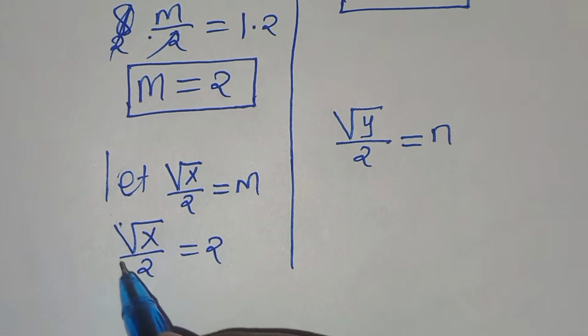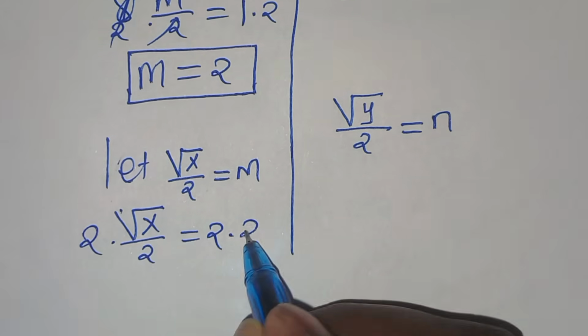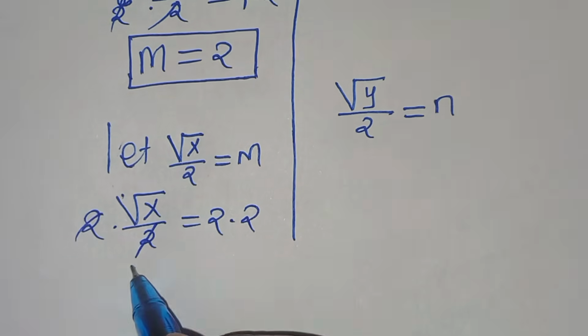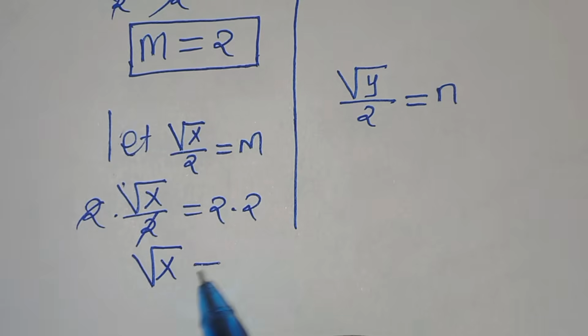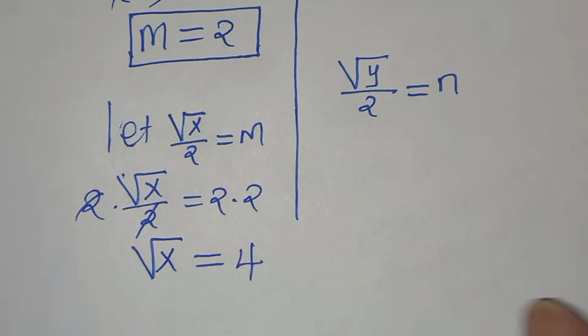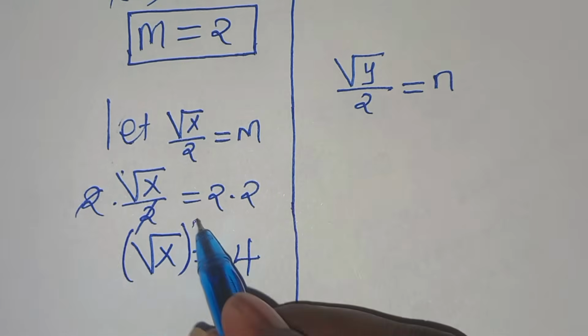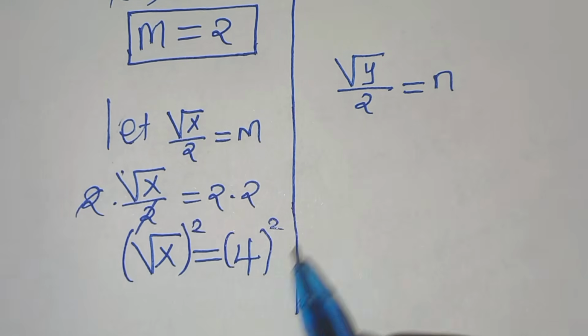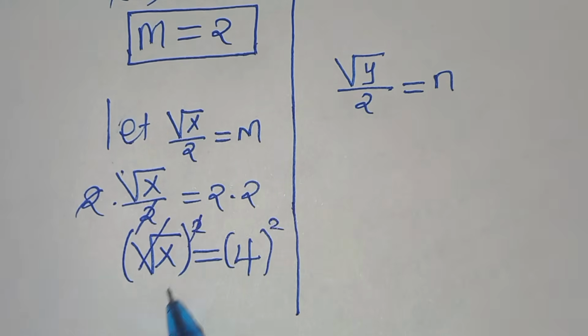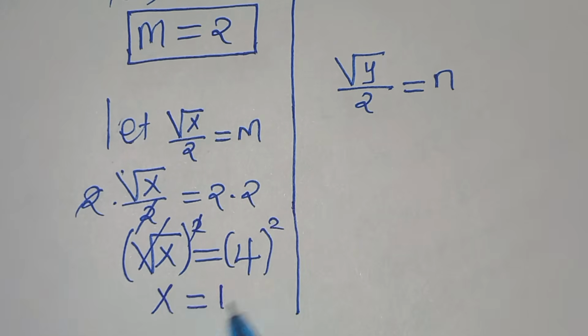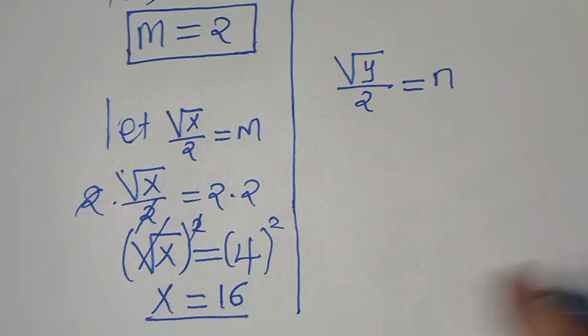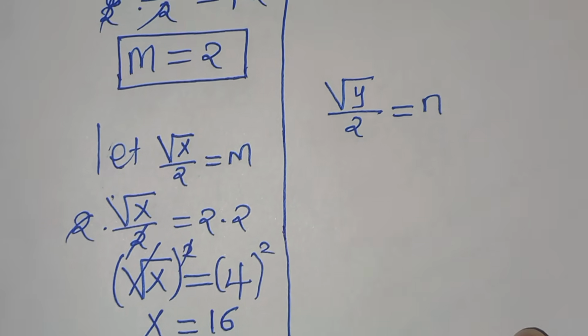So let's multiply both sides by 2, and this implies that square root of x is equal to 2 times 2, which is 4. To solve for x here, let's square both sides, so that now we have the value of x equal to 16.